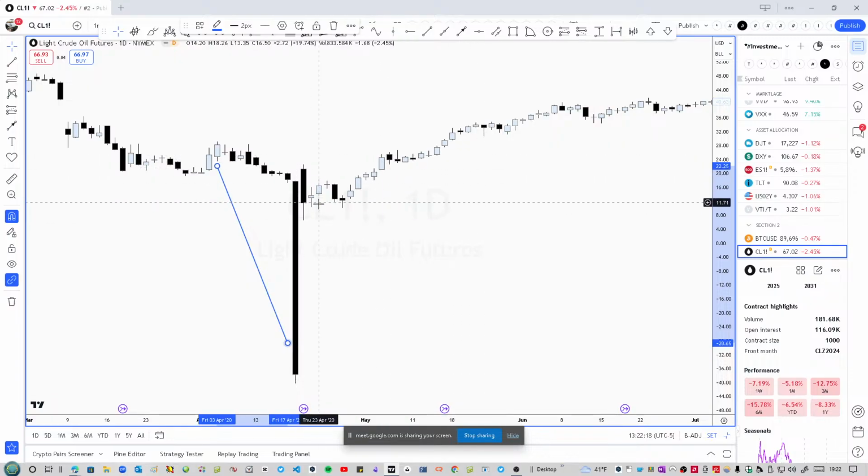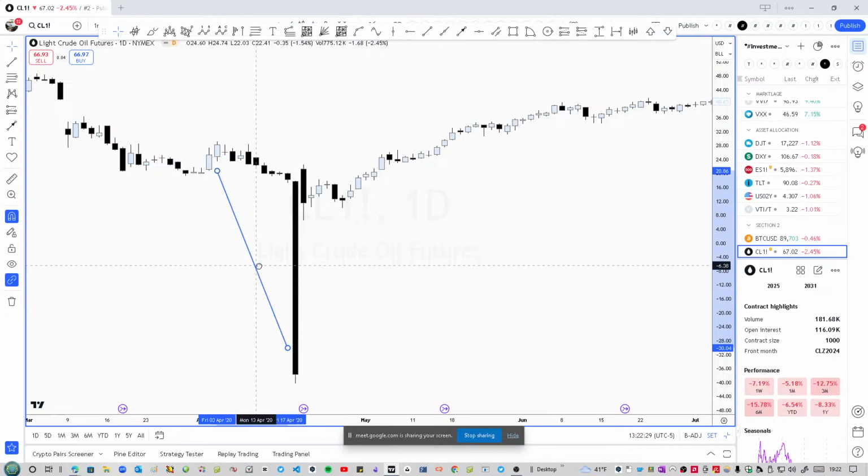But even this day, every other contract also dropped. And so I would have lost a lot of money if I had been trading crude oil here. So it was the right decision just to do nothing and to step away from this meltdown.